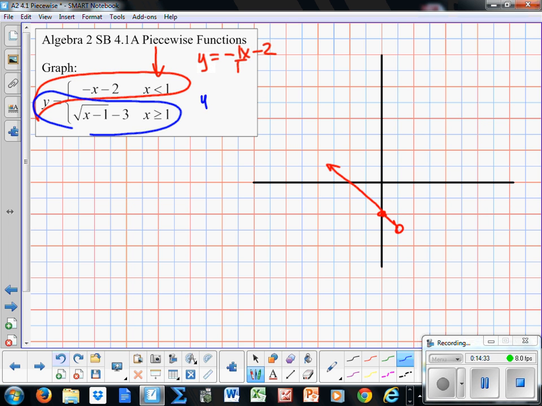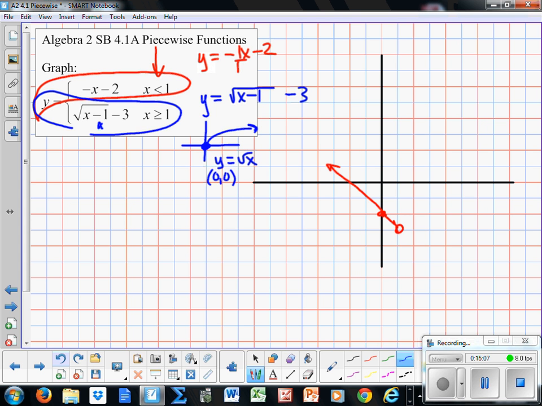So now this says y equals the square root of x minus 1 and then a -3. Just a reminder that the parent function for this is y equals square root of x. This is why we did all that transformation stuff first, so that when we get to the piecewise, we know what to do. This guy has an endpoint, its starting point, at 0, 0.